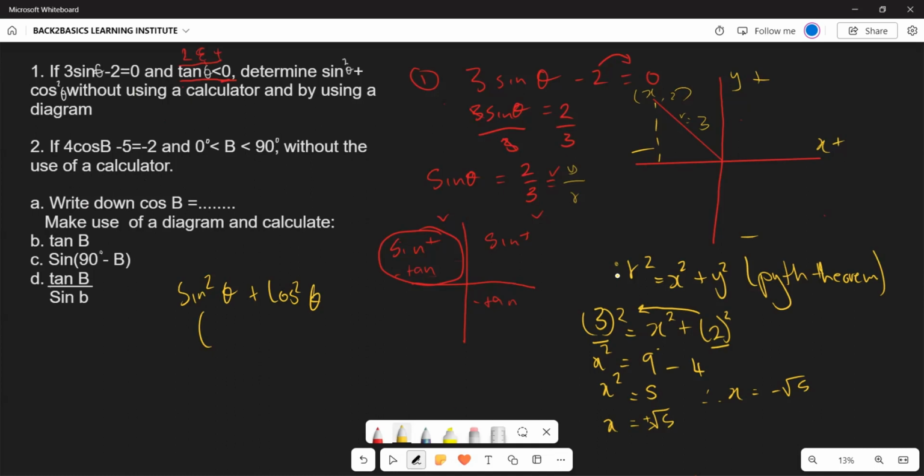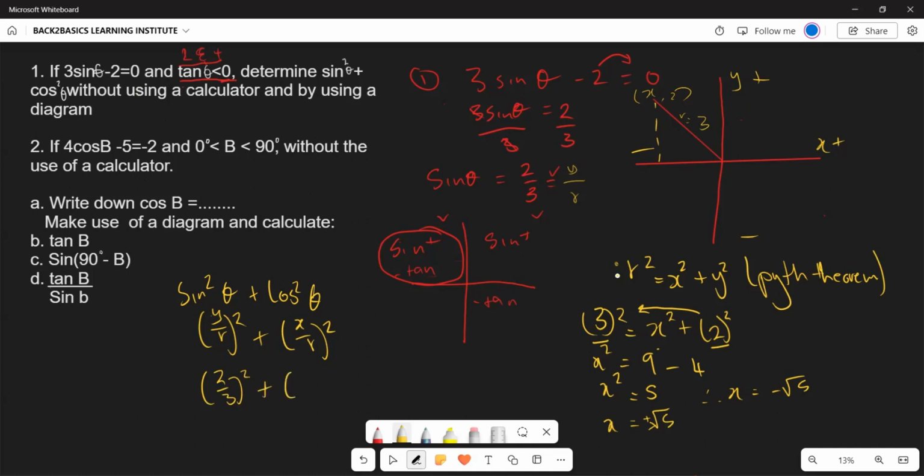What is the ratio of that? You know that it is going to be y over your r squared plus this other one. What is going to be this? Your cos is x over your r squared, right? So which means you're going to write the values of x, of y over r now. What is the value of y over r? This is same as 2 over 3 squared plus this other one is same as what?